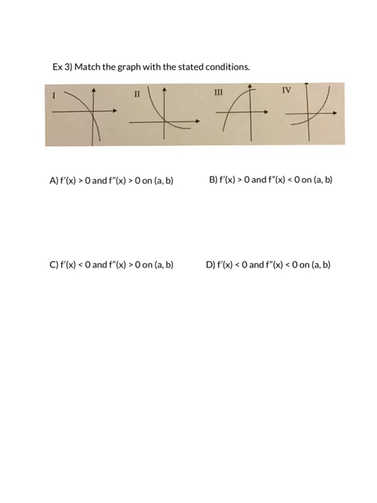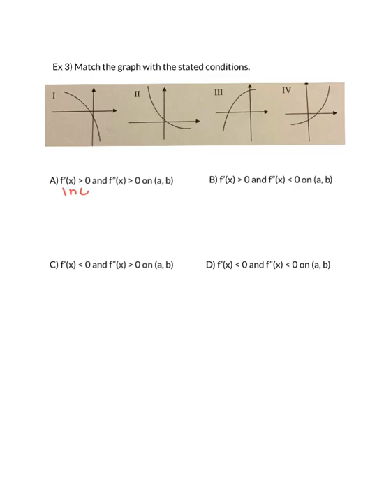On example 3, we have a set of graphs given to us, and we are asked to match the graph to the stated conditions. So in looking at the conditions, on A, it says F prime, so that's where we talked about increasing or decreasing. And then it talks about F double prime, which is concave up or concave down. So if F prime is greater than 0, then we want increasing.